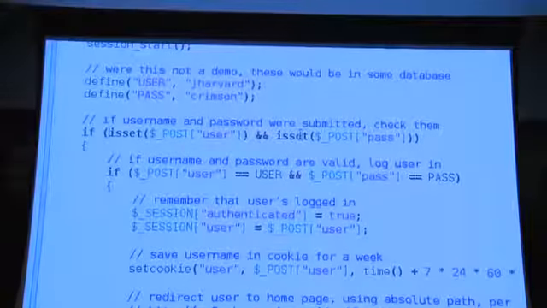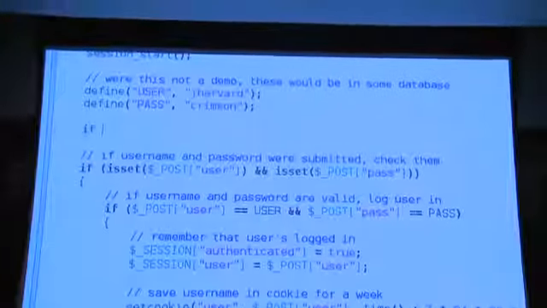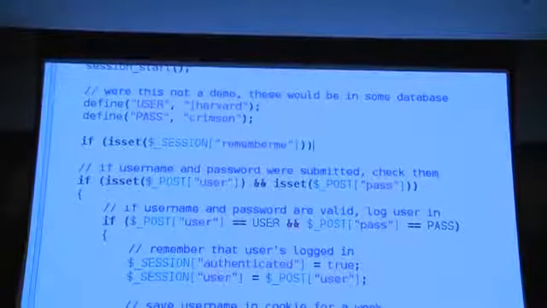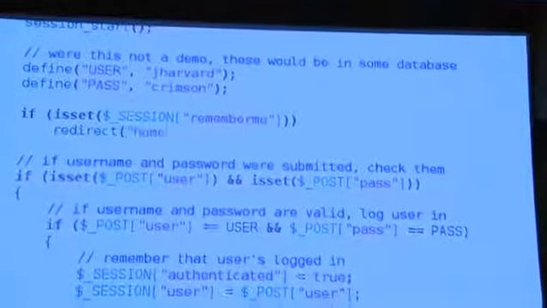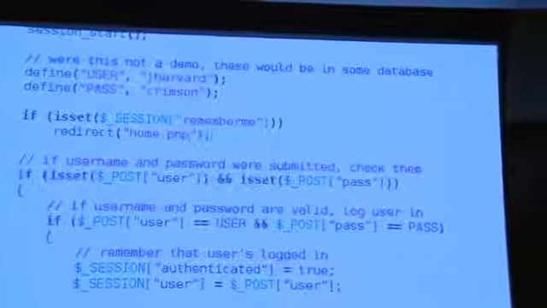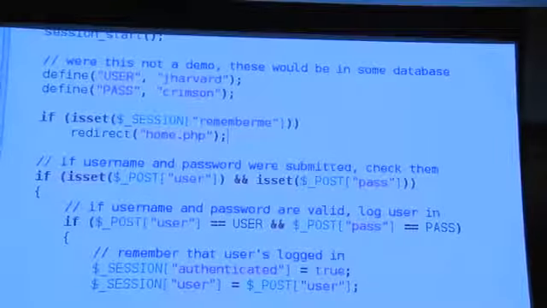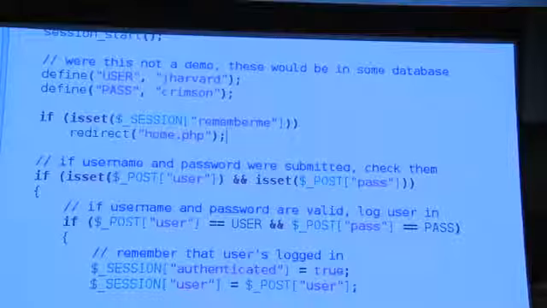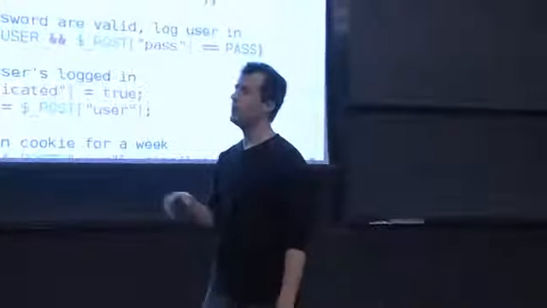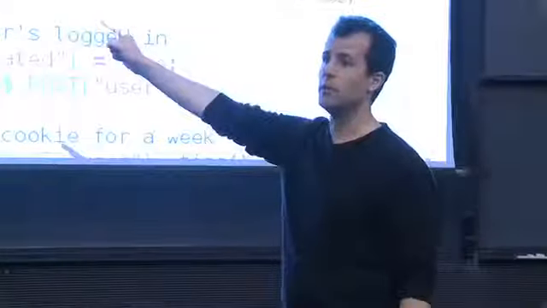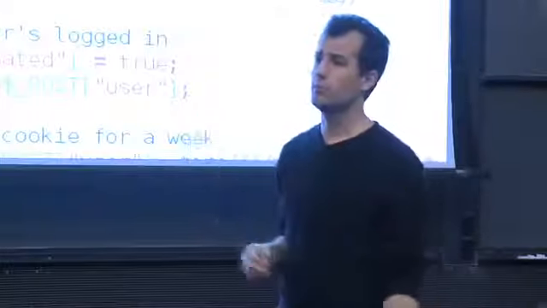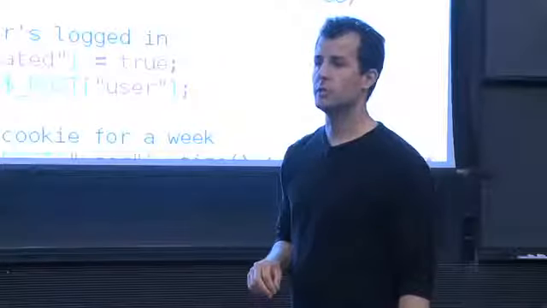Let's do it like this, up top. So if isset remember me, then I'm going to do the redirect to home.php. In other words, it's a separate check altogether. If a cookie has been set that represents the act of having clicked on that checkbox, the user is just going to be automatically routed to home.php, and Facebook knows that you're logged in because also in session is probably your user ID or your username, something like that. So it's really as simple as that.